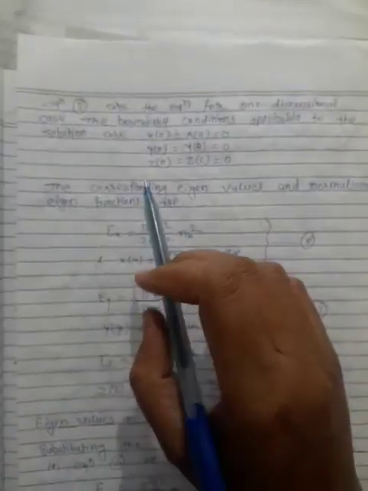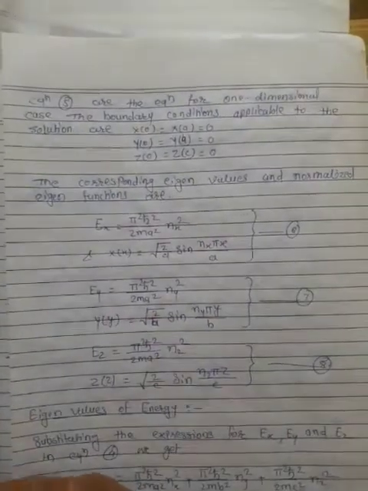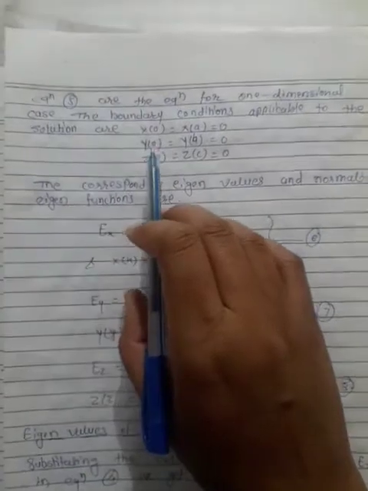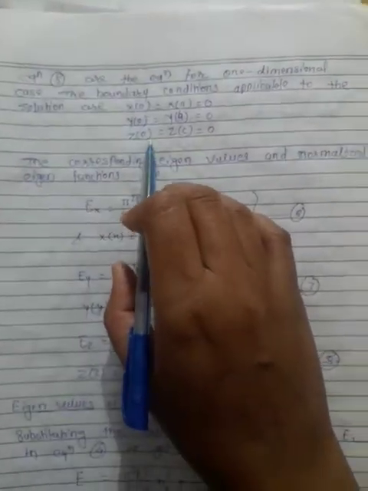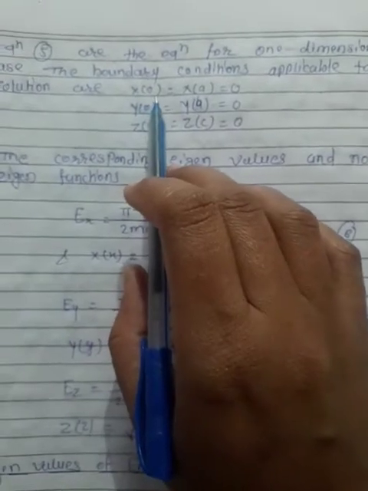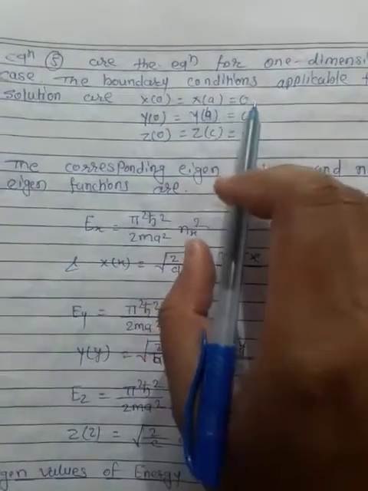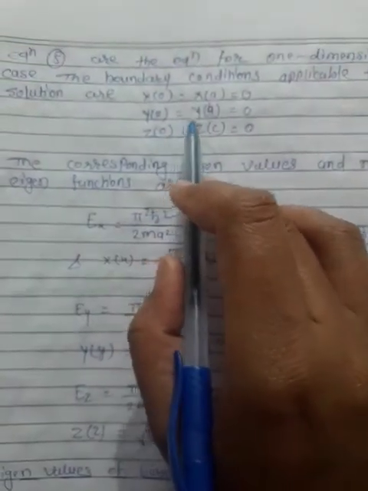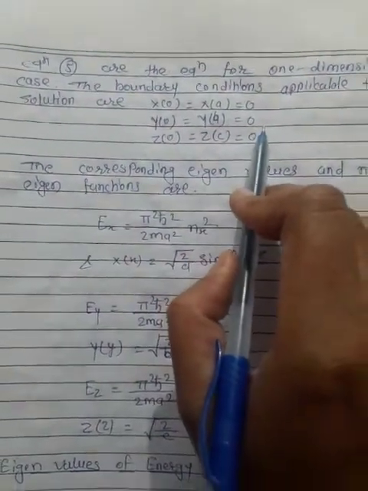To obtain the solution we have some boundary conditions: the wave function is 0 at x equal to 0 and x equal to a, and likewise at y equal to 0 and y equal to b.